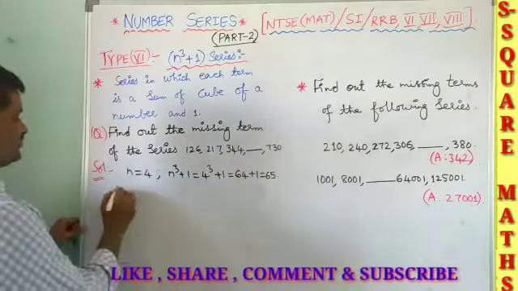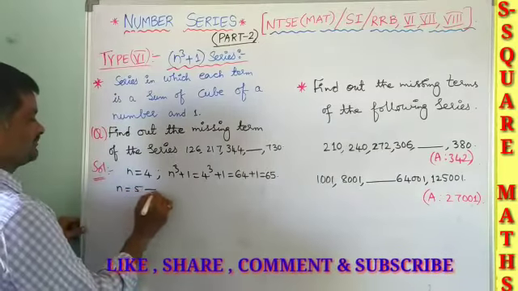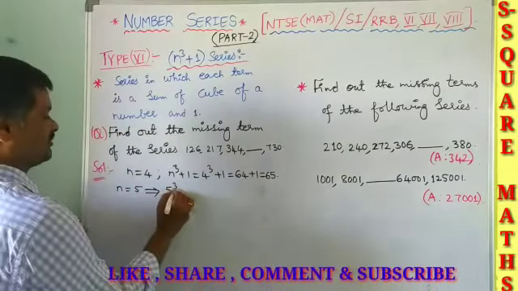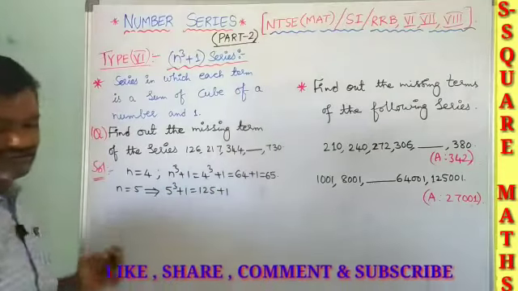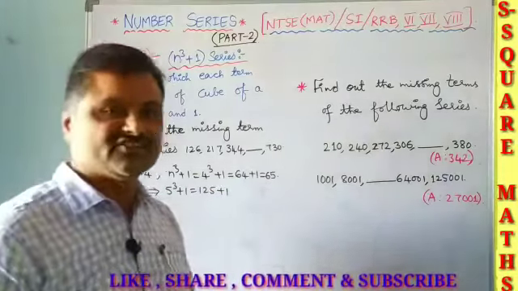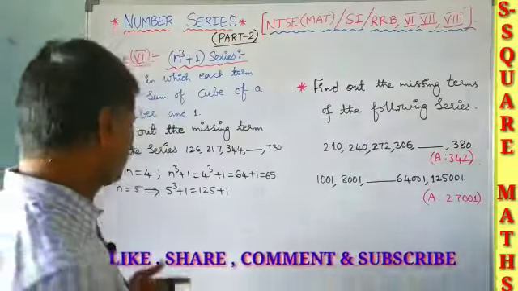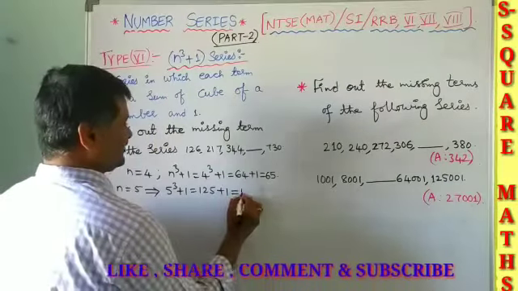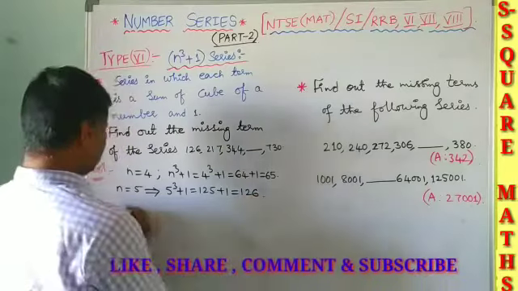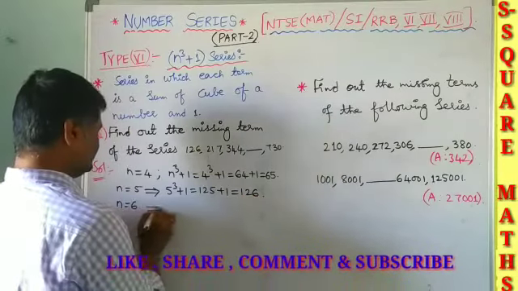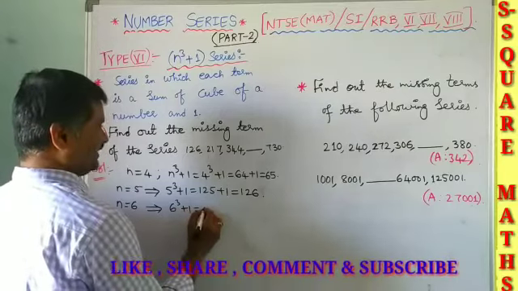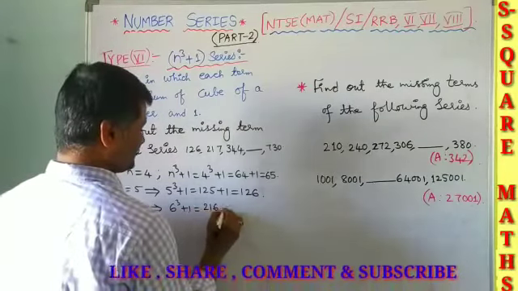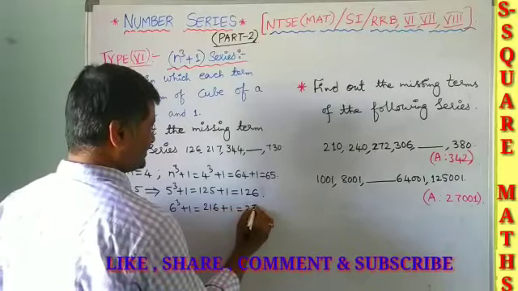Next n is equal to 5: 5 cube plus 1, 5 cube is 125, 5 into 5 into 5, 5 5s are 25, 25 5s are 125, plus 1, so 126. Next n is equal to 6: 6 cube plus 1, we get 216 plus 1, nothing but 217.